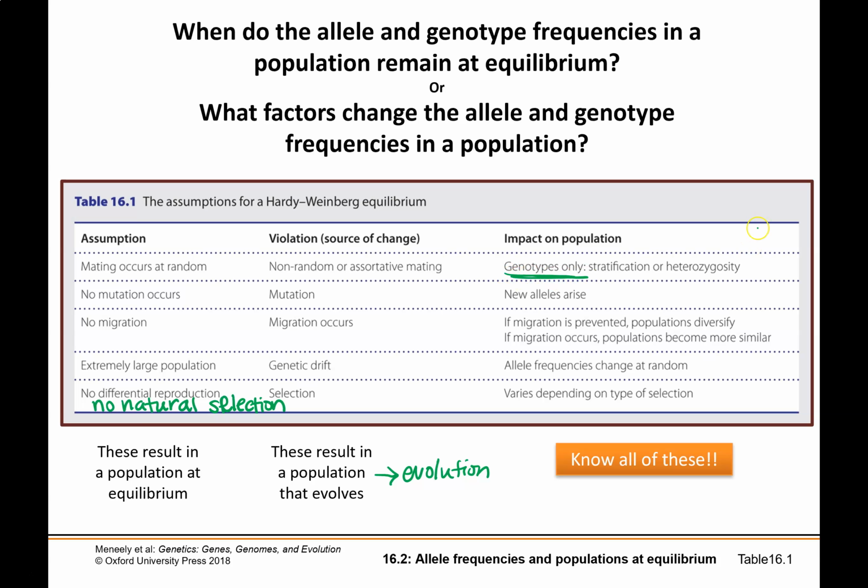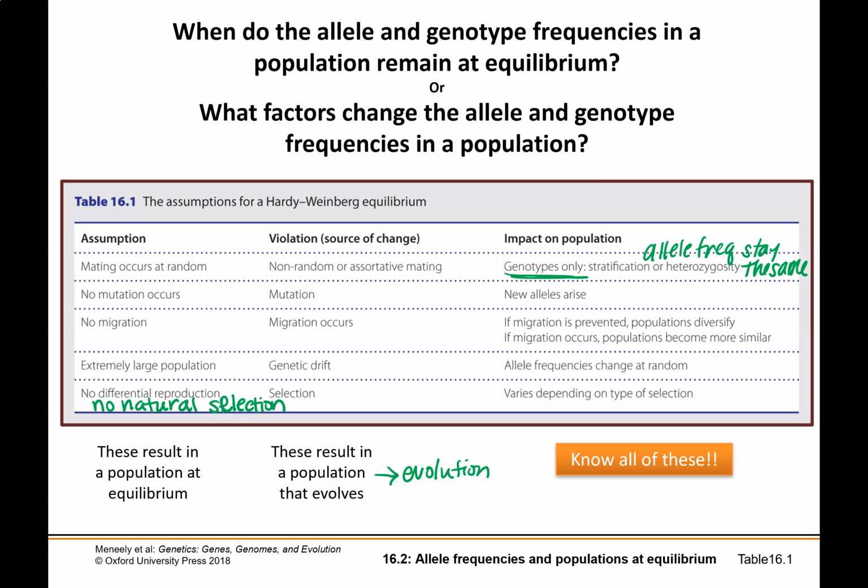So allele frequencies don't actually change when we have non-random mating. So random mating is the only situation where our allele frequencies stay the same, even though our genotype frequencies change.